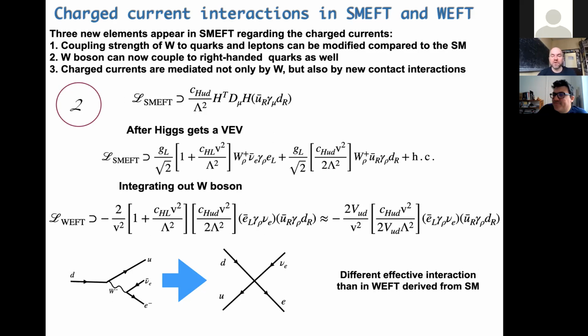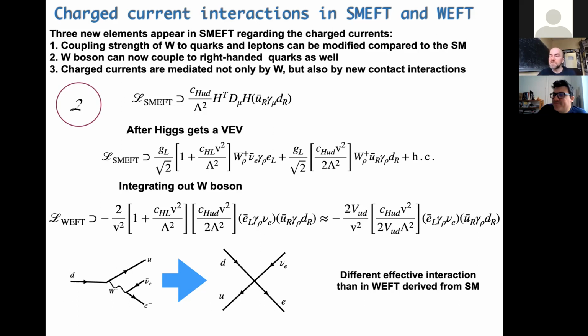So now if you integrate out the W boson, then this fact that the W boson couples to the right-handed quark will lead to a new operator in the WEFT, which describes the contact interactions between the leptons and right-handed quarks. So if the standard model was correct, WEFT would only contain these contact interactions between left-handed leptons and left-handed quarks.